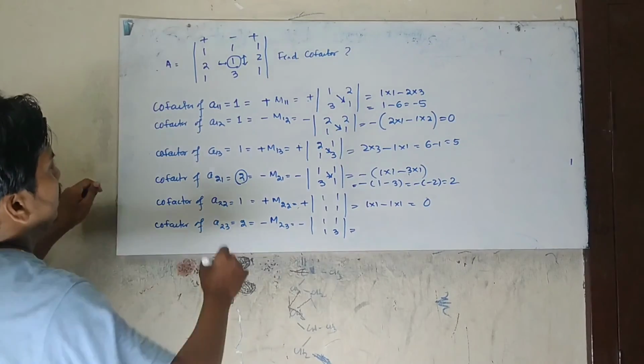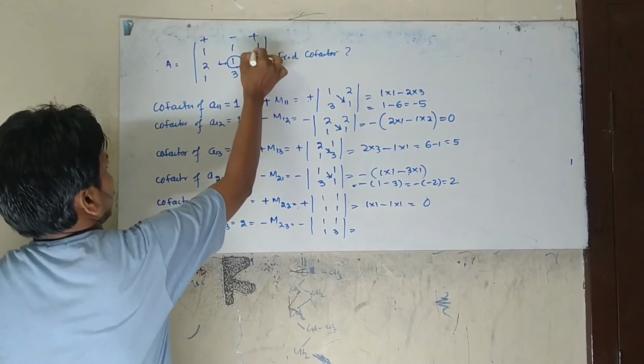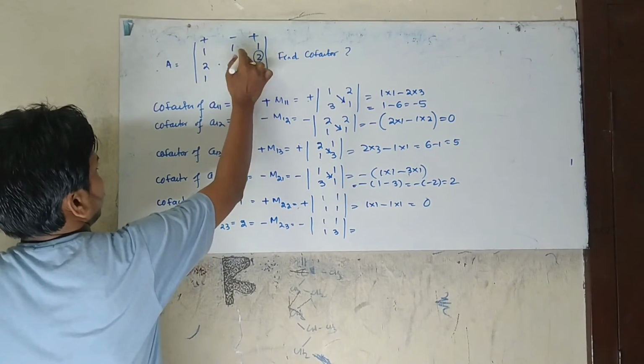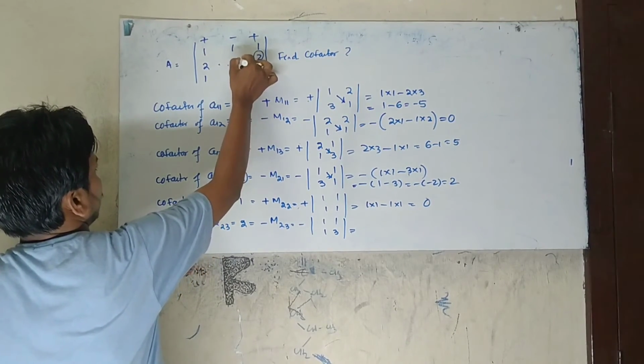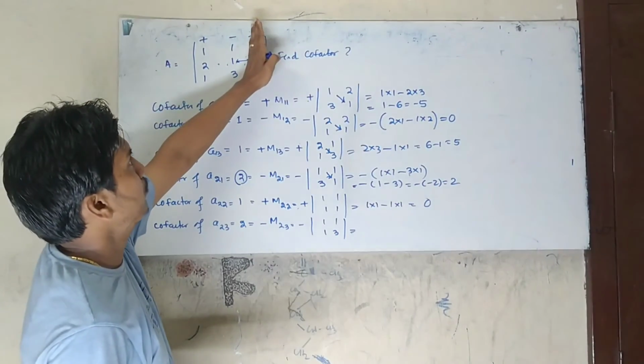Now A23, 2 3, so you have to delete this row and this column, the second row and third column element.